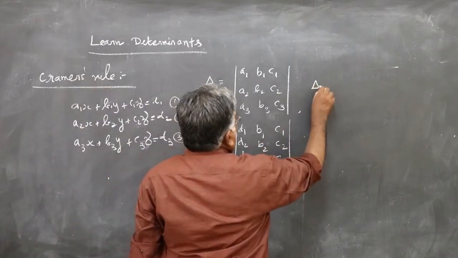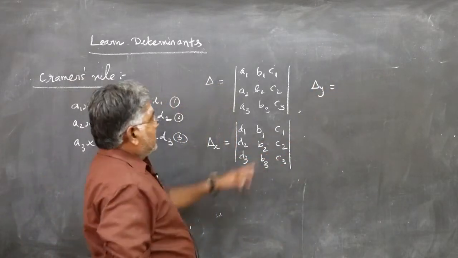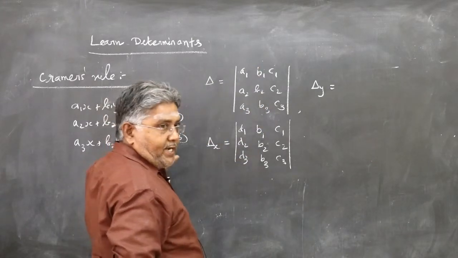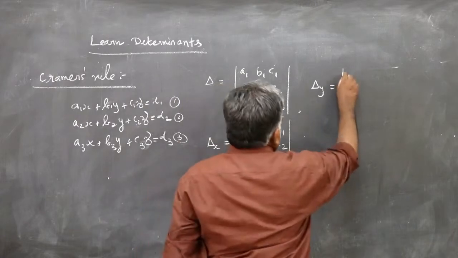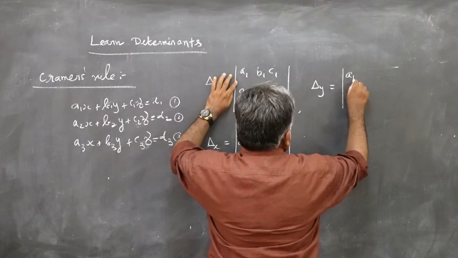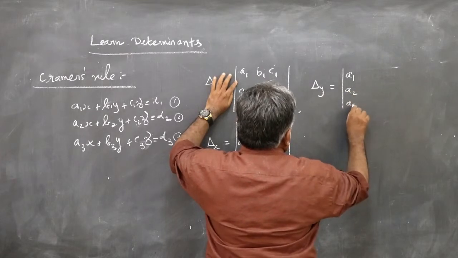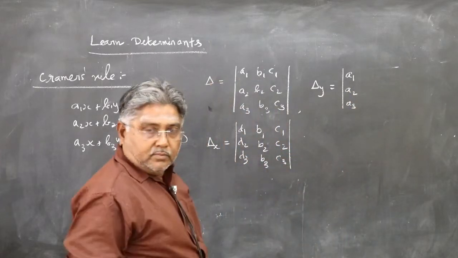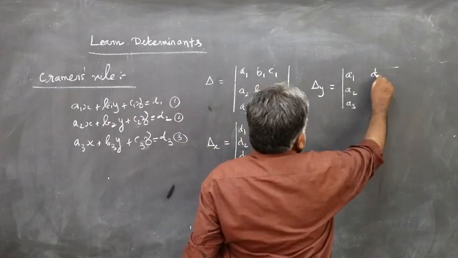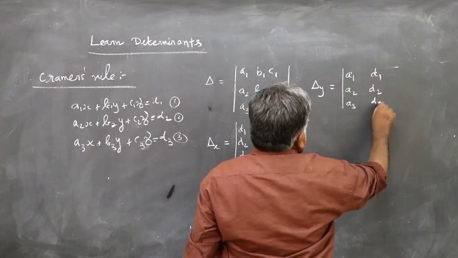Similarly, delta y will be the second column here, that you should replace by d1, d2, d3. That is delta y is equal to, otherwise the determinant is same. a1, a2, a3. The second one, that you should replace by the d values, d1, d2, d3.